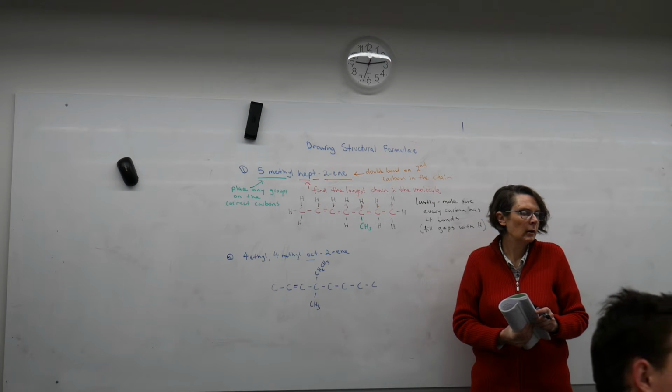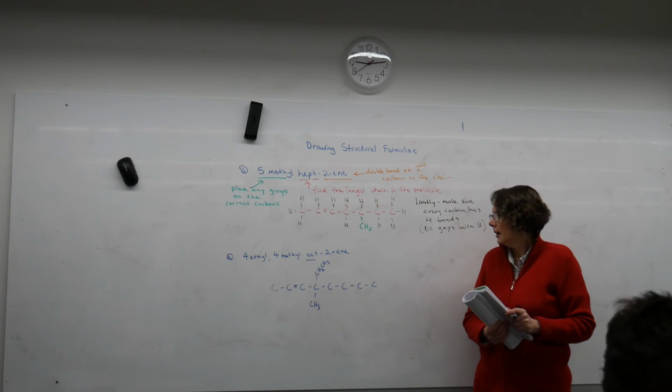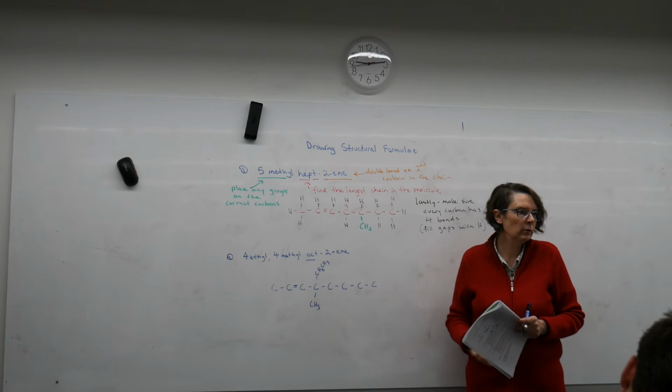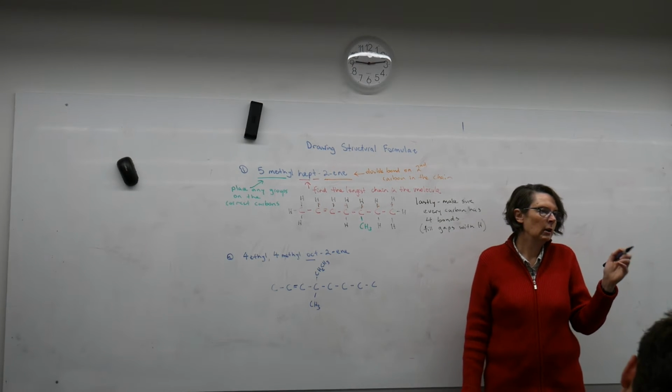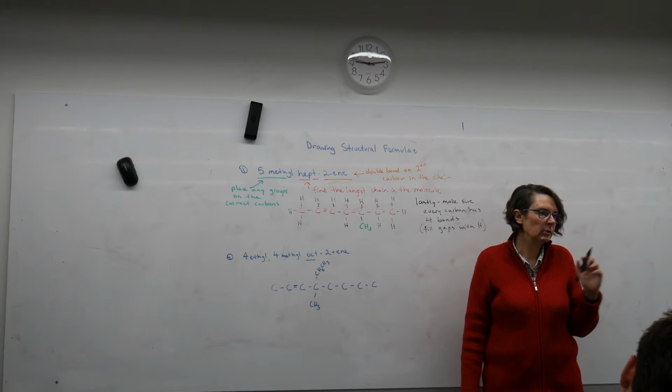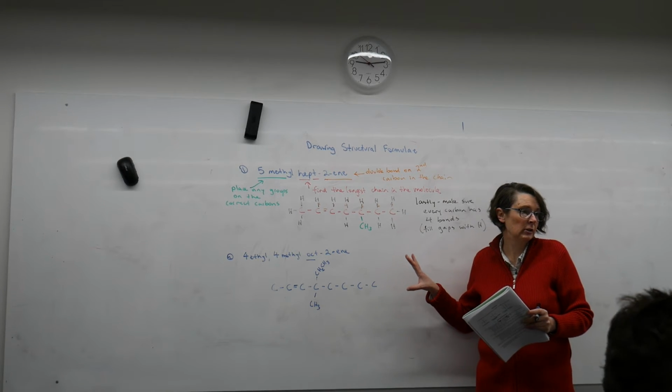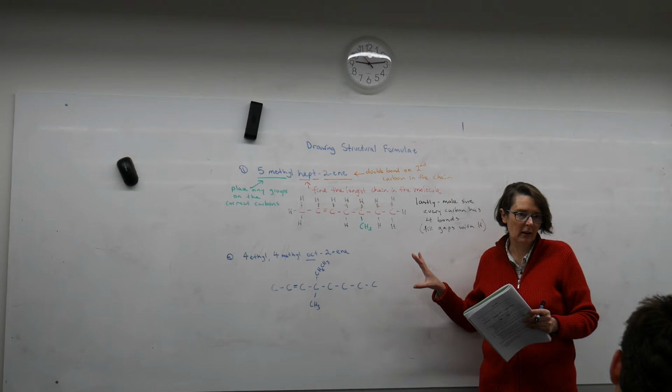If we are asked to do the full structural, is it better to draw all the bonds, the whole thing? It just depends on how much room you've got. Because you write fairly small, you can probably fit all the bonds in. But some people who write big are going to struggle to get the structure in. So it's a trade-off there.